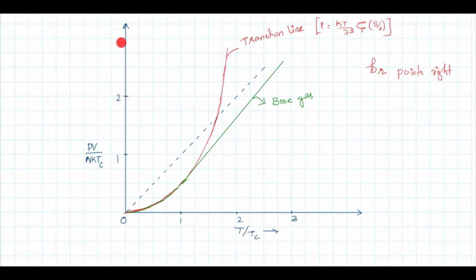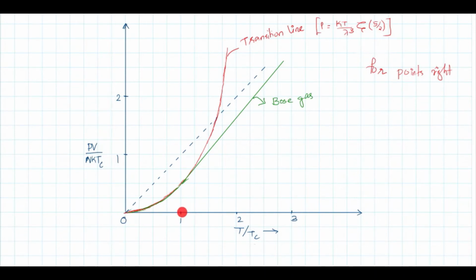Okay, so this is the plot of PV by NKTC versus T by Tc. And this red line shows the graph of P equal to KT by lambda cube theta of 5 by 2. That is, this is valid only up to T equal to Tc, that is only up to T by Tc equal to 1.